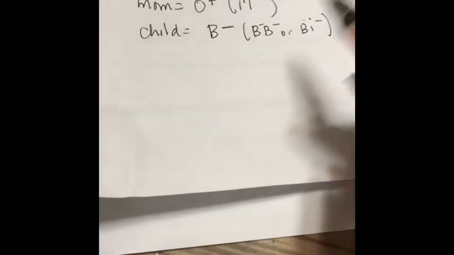So this time they give you the mom, who is, let's say, A positive, I positive, I minus. And you have a child who is B negative. To be more precise, there's going to be a B and an I minus, or BI minus. We don't know what kind of B negative this is.